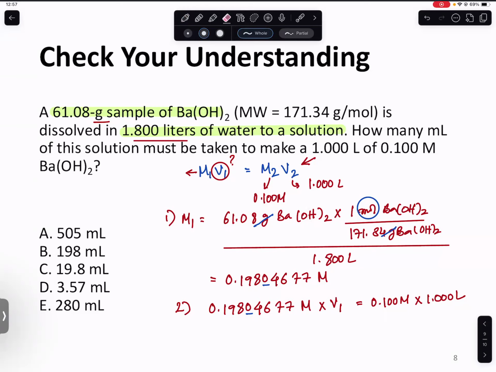And then if I want to determine now V1, it's going to be, so I was correct all along.